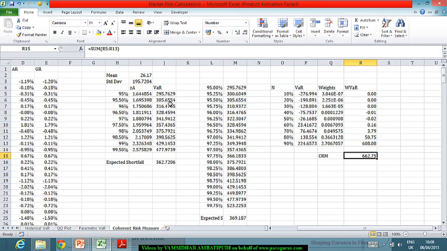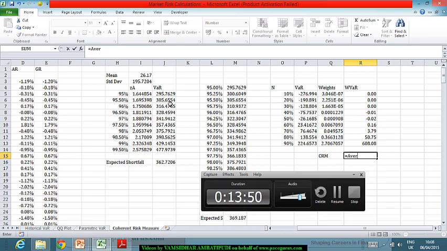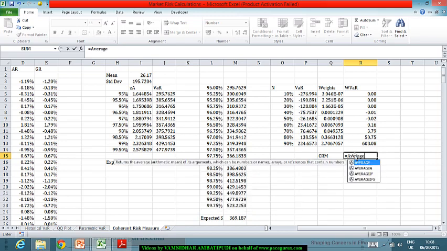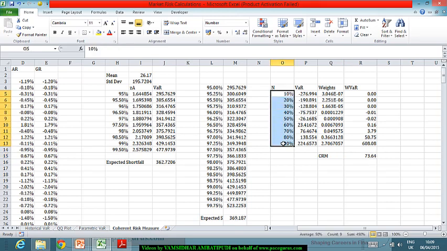Right, I have to take the average of all of them. So I can compute the average of all these numbers, which gives me a coherent risk measure of 73. Now with the same logic, I can increase the number of n, that is, increase the number of slices.